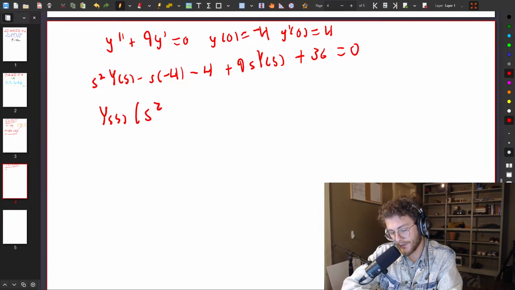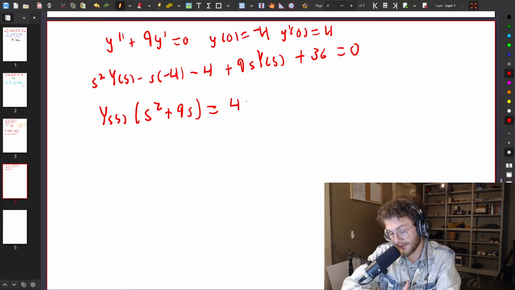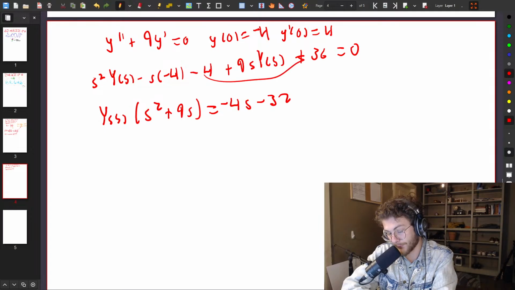So we're going to take these y of s and distribute all these things. S squared plus 9s. Now that is quadratic. Isn't that interesting? Equals negative 4s minus 32, because that negative 4 and the 36 becomes a 32.